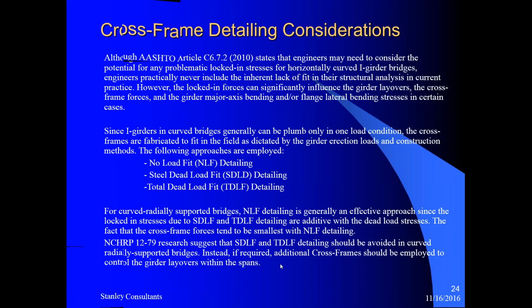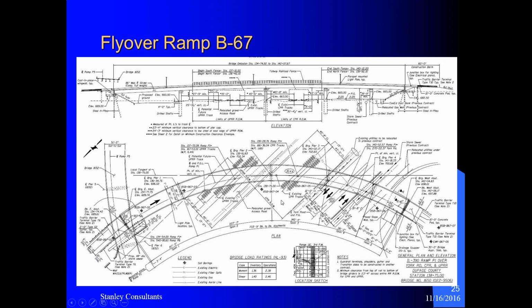Okay, now I'm running a little bit short on time, so I'll quickly go on to the flyover ramp 67. Here is the bridge. It is a 5-span bridge going over the railroads.